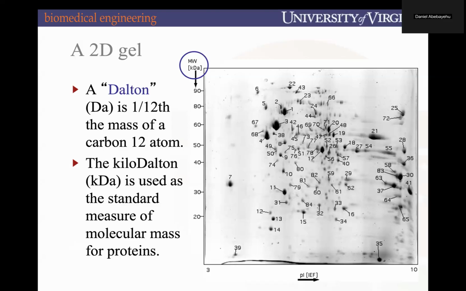And so we have these smears on a 2D gel, largely because they have real biological relevance to how these proteins are modified. And again, horizontally, the units there would be the pH, that's their isoelectric point. Vertically, the units there would be their molecular weight, in kilodaltons.